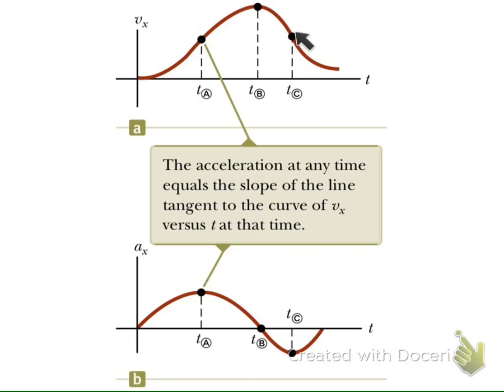The slope of the VT diagram here decreased and then increased. In this case, the slope is negative, so decreasing means that it's more negative, and increasing here means that it's less negative. So this is the relation between the VT diagram and the AT diagram, and you should be familiar with this.